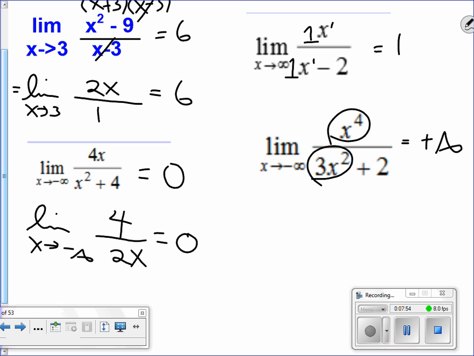If x is approaching negative infinity, the numerator is positive, because a negative to an even power is positive. And the denominator, the leading term, is 3x squared, which is also positive. So that's why it's positive infinity. If this had been an x cubed up here, then it would have been negative infinity.